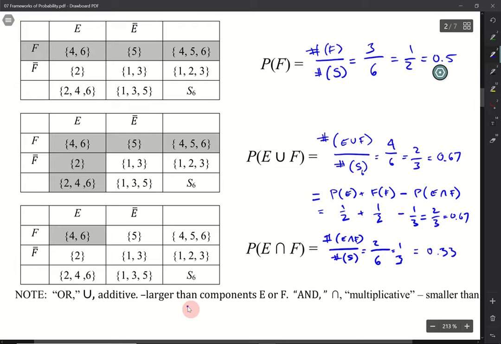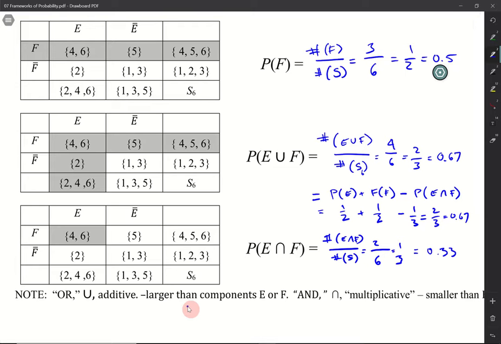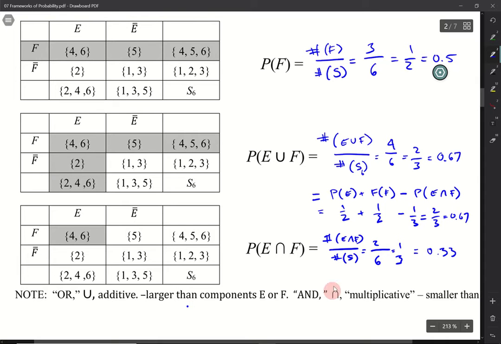And so what we'll see very soon is, what other operations are there? Multiply, perhaps. I mean, there's subtract, but multiply. What happens if you take a fraction and multiply it by a fraction, like a half times a half? You get a quarter. You multiply two fractions together and you get a smaller number. And so what we'll see is that when you do AND, you're actually multiplying probabilities.